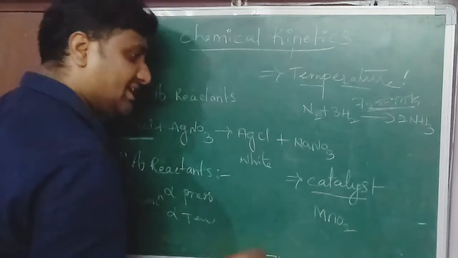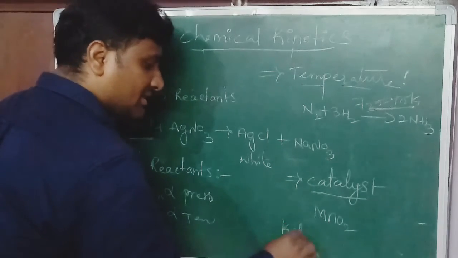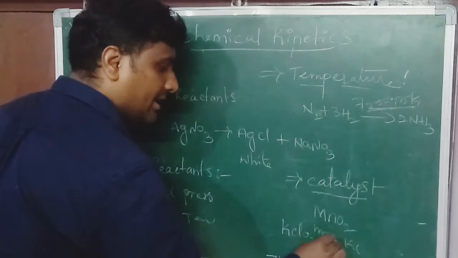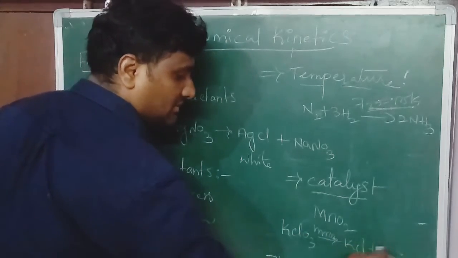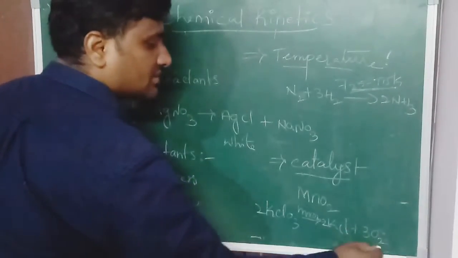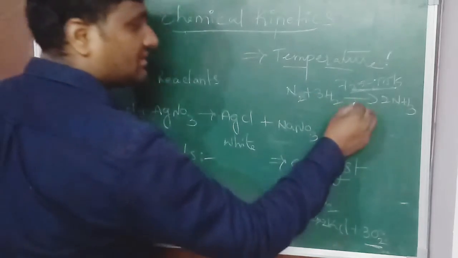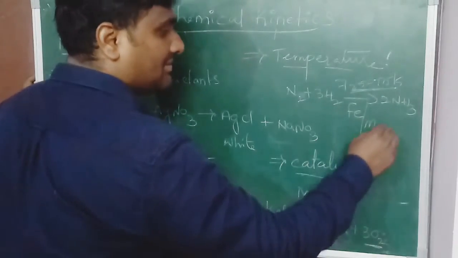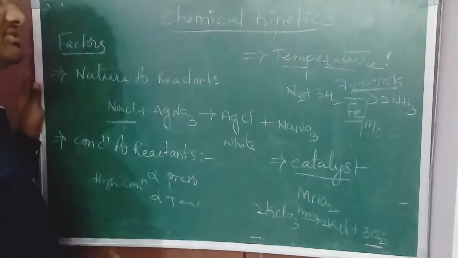MnO2, manganese dioxide, is used for the preparation of oxygen by using KClO3, giving KCl plus 3O2. And also in the Haber process iron is used as the catalyst, with molybdenum as the promoter. When using the iron, the reaction takes place easily.